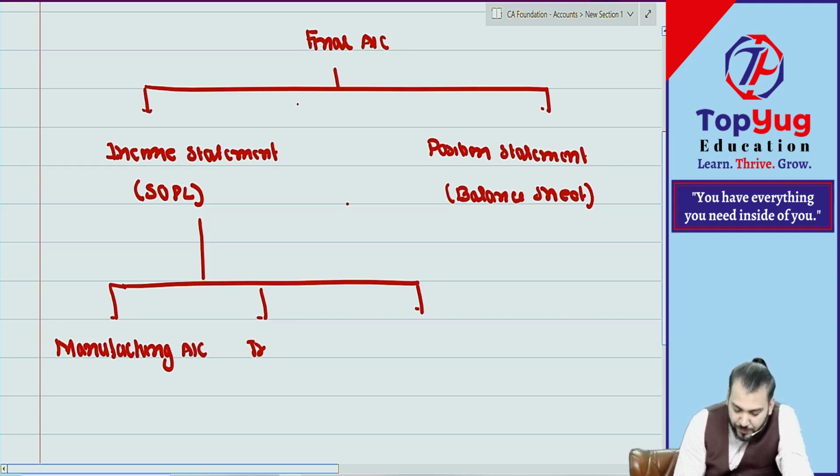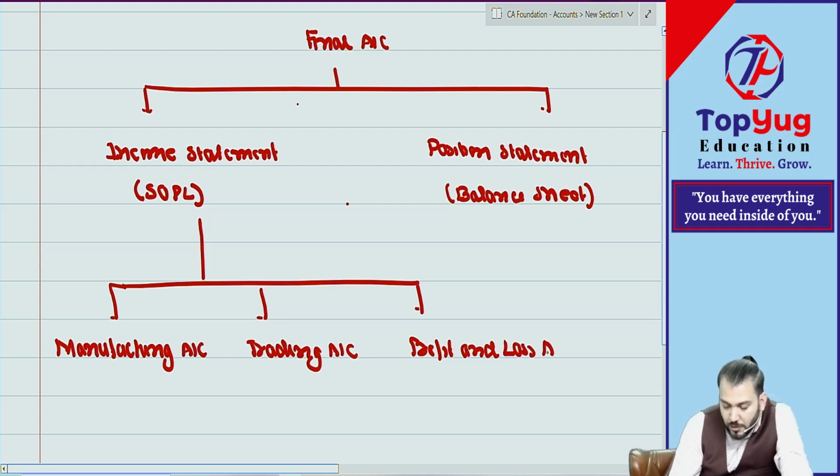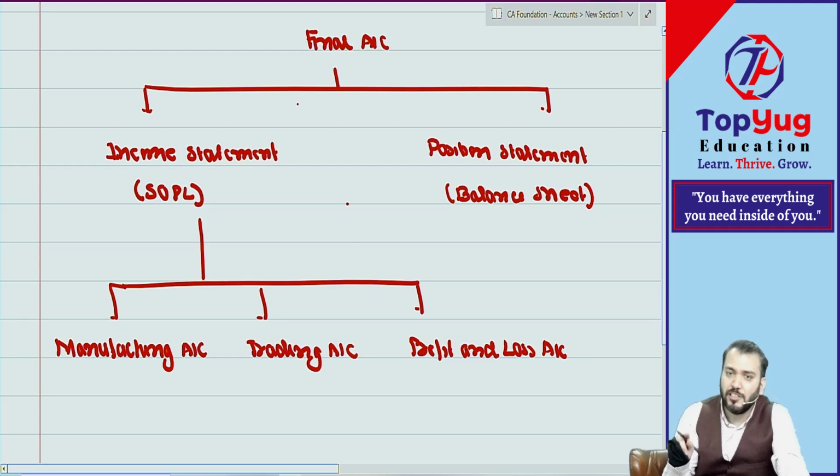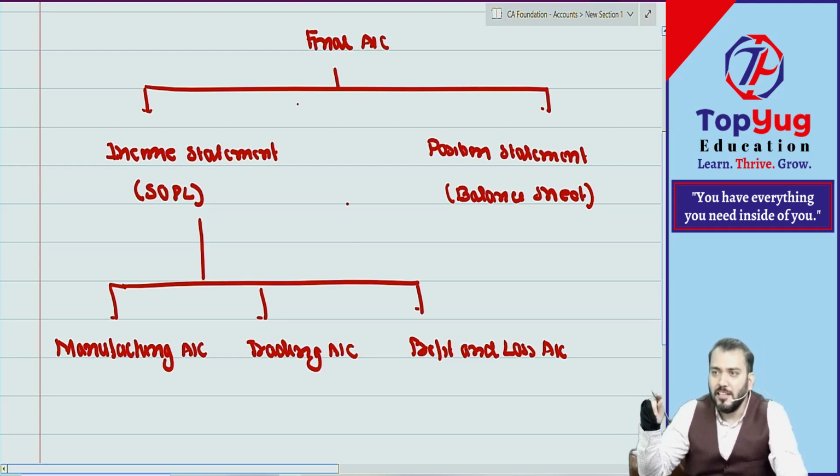Then we'll prepare the trading account, and then the profit and loss account. In a trading organization, we purchase and sell. Whatever we purchase, we record in the trading account, and then we sell through the trading account. Whatever gross profit, that gross profit was transferred to the PL account, and from the PL account we calculate net profit after deducting indirect expenses, that we have understood.